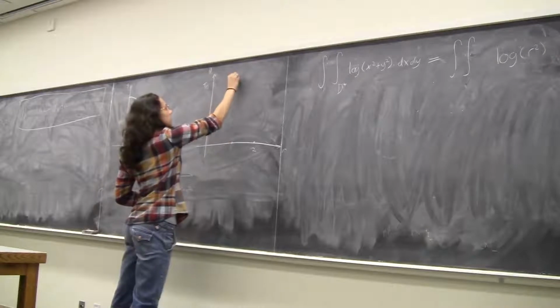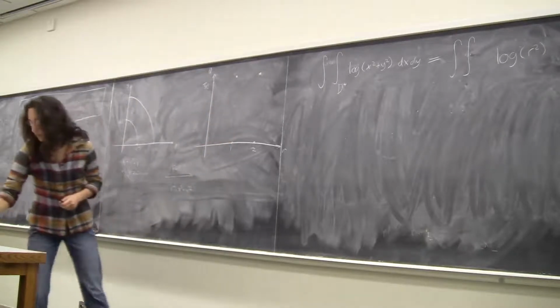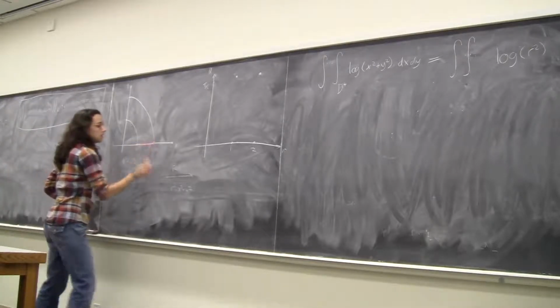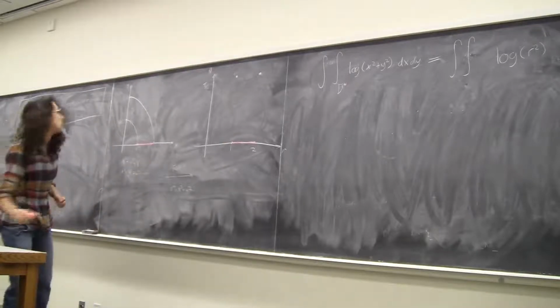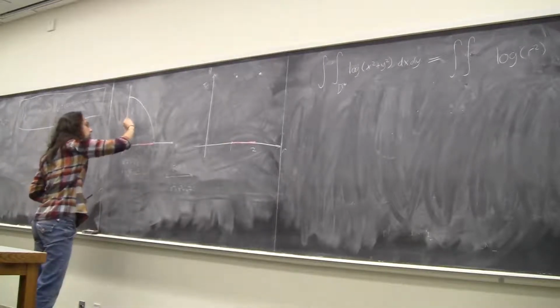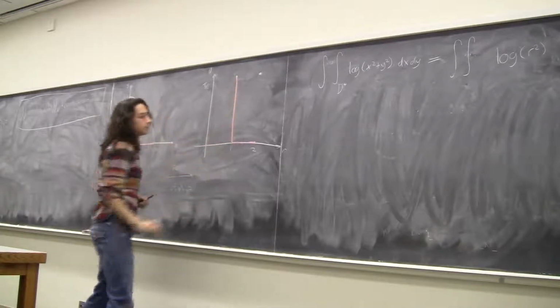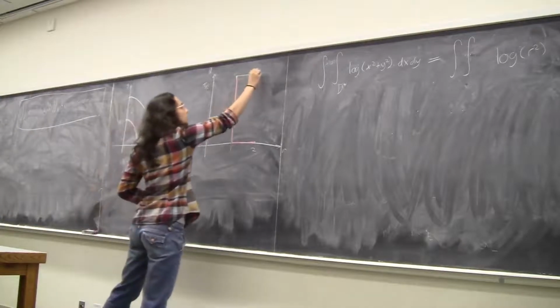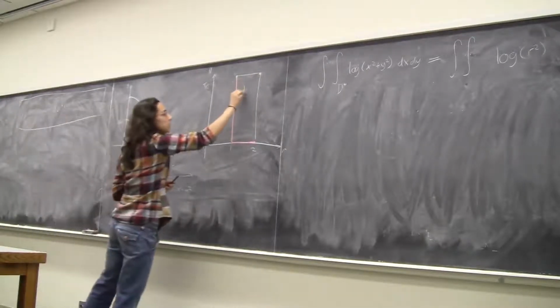Okay, so we've got this, and there's a bit of colored chalk, I guess, so we can see this guy here, and this guy. We've got our new region, and this is D star.